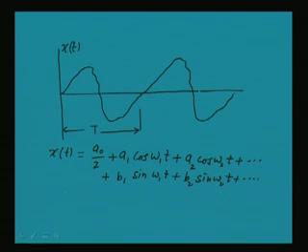And here omega 1 is nothing but 2 pi by T, where T is the time period of this periodic signal. So this is the fundamental frequency of this signal, and in general omega n will be n times omega 1, where n is some integer, like 1, 2, 3 up to infinity. So this is nothing but the Fourier series.